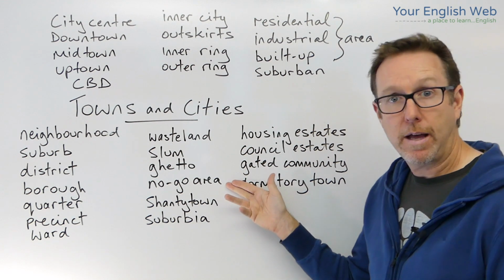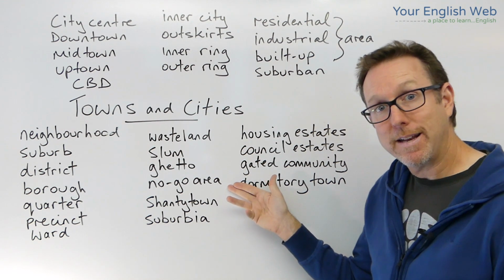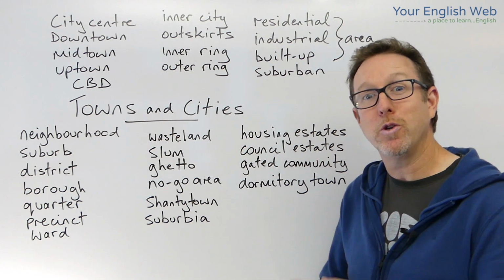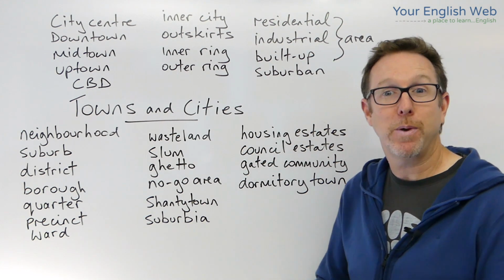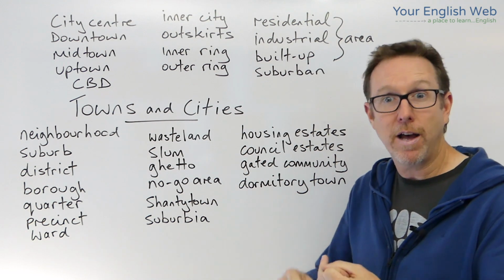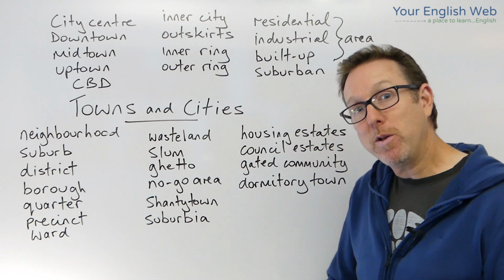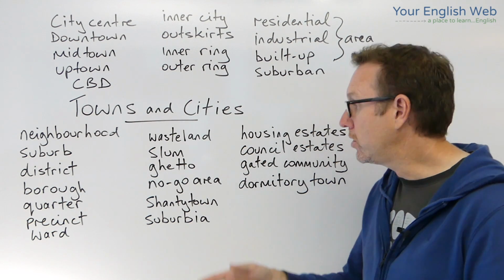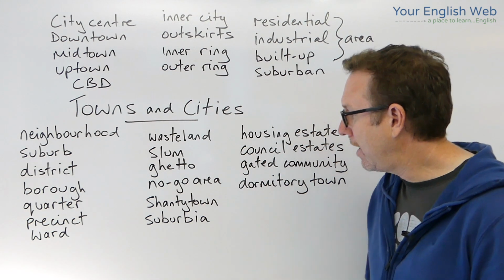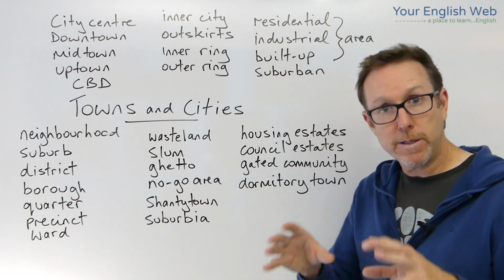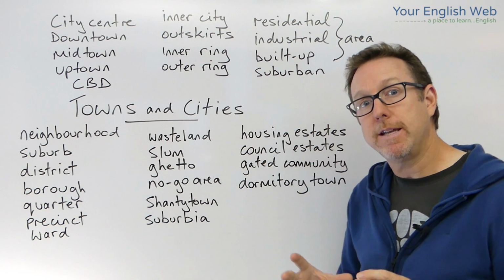No-go area, as the name suggests, it's an area that you don't want to go to or you shouldn't go to, perhaps because it's a dangerous area, a lot of crime, drug use, and maybe you're not going to be safe in that area, so it's a no-go area. Shanty town is an area of a city, especially in some of the big cities around the world.